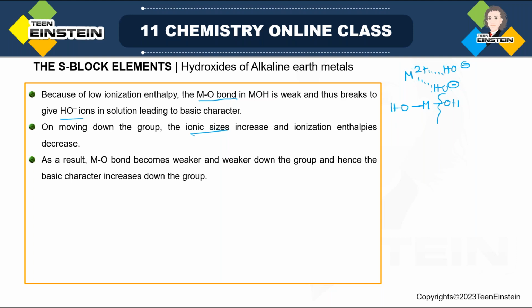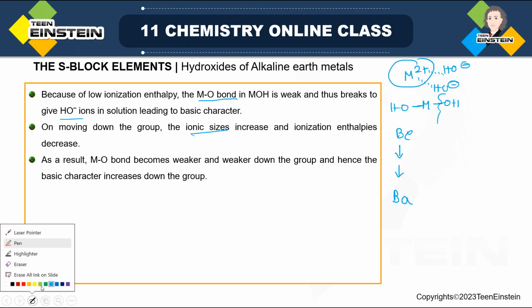That's it. So when we are moving down the group, the size of this M2+ is high, as you move from Be up to Ba. So down the group, not just size is high, but also ionization enthalpy decreases.